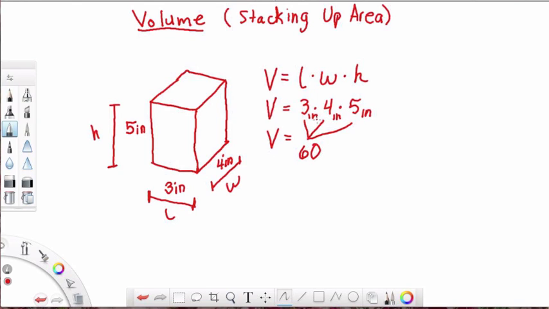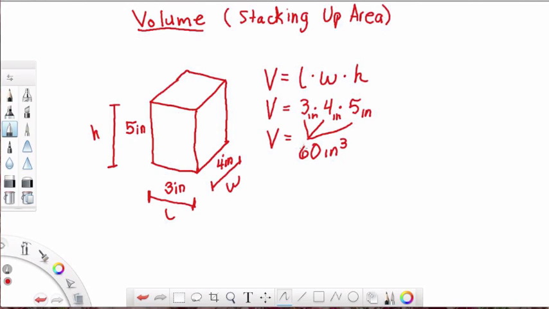And we can't just leave it like that. We also have inch times inch times inch, which would be inches cubed. So our volume is 60 cubic inches.